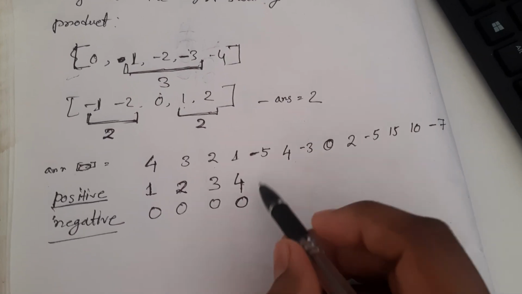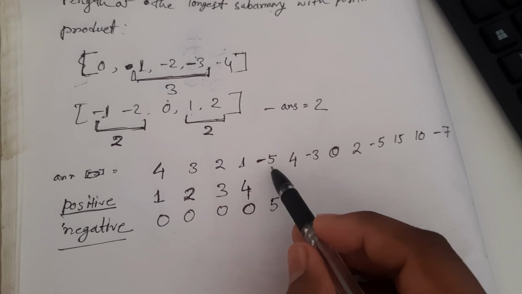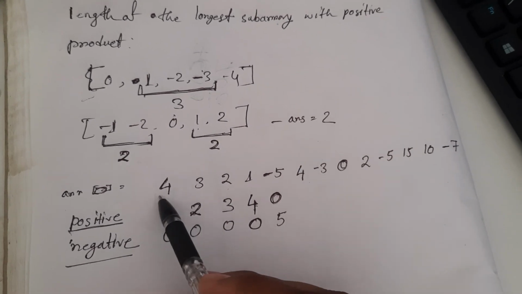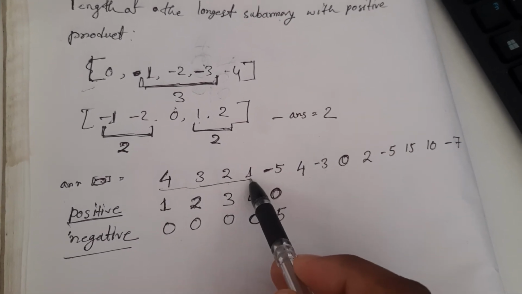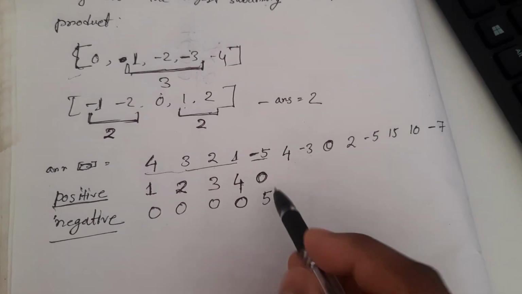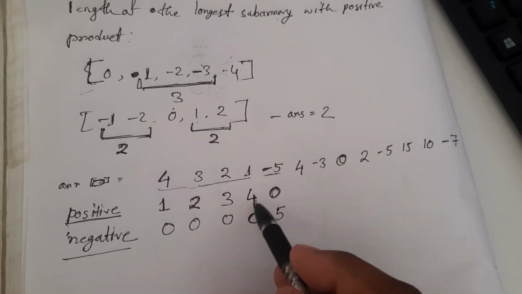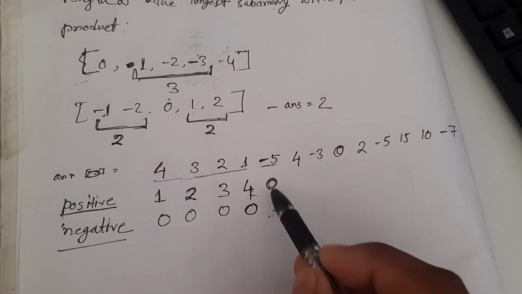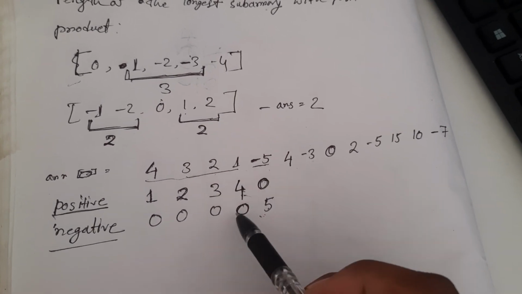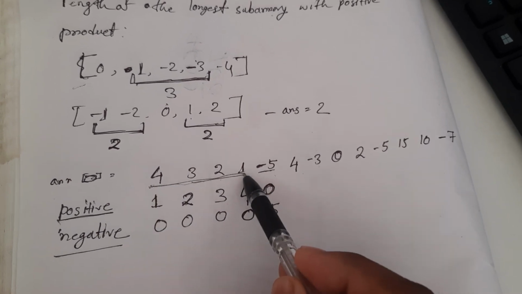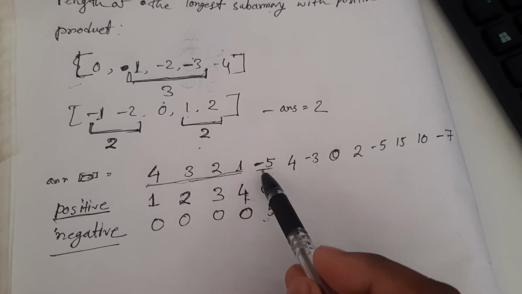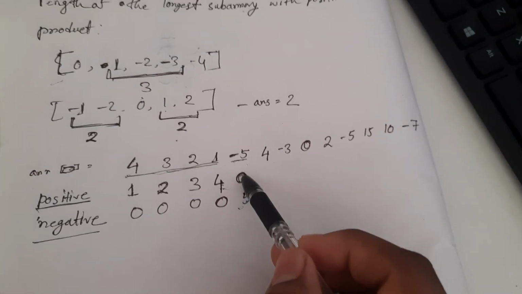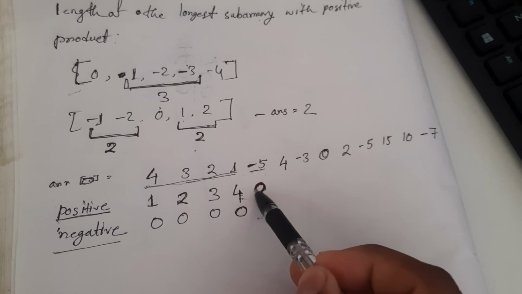So in that case the negative length becomes 5 and the positive length becomes 0, because these 4 numbers give the positive product, but with this negative value we get a negative product. That's why the negative length is increased by 1 from the positive length, and the positive length becomes 0, because with the multiplication of the negative value this gives us a negative product. So in that position the positive length becomes 0.